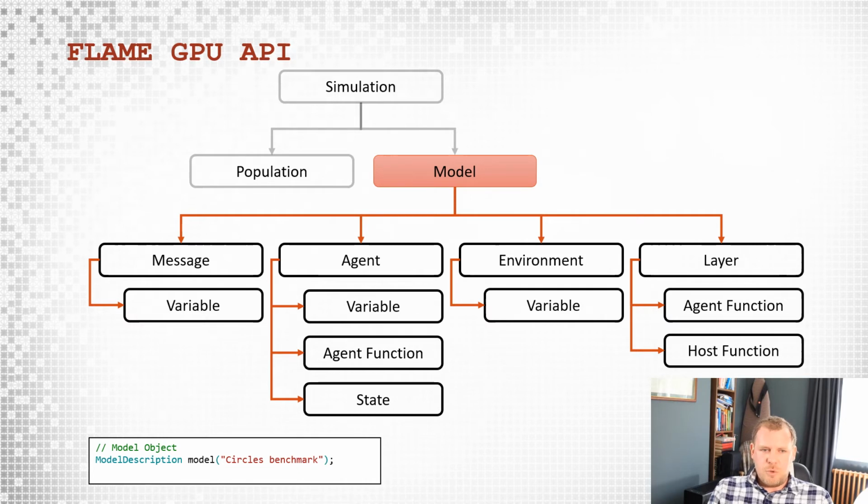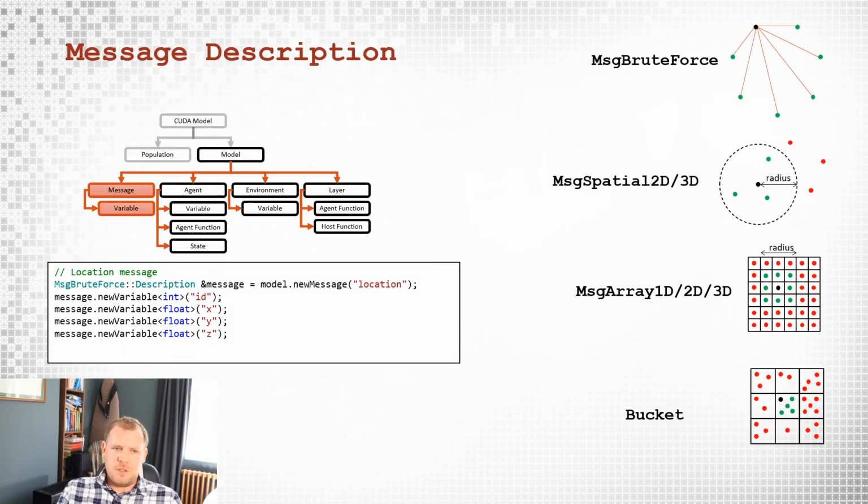To start with, what you have is a description of a model, and that's as simple as defining a model description object. The second thing that you would describe is then the messages. So this is the communication between agents. So Flame GPU1 had a limited subset of communication types, and Flame GPU2, with it being API based, means that we can expand upon those considerably.